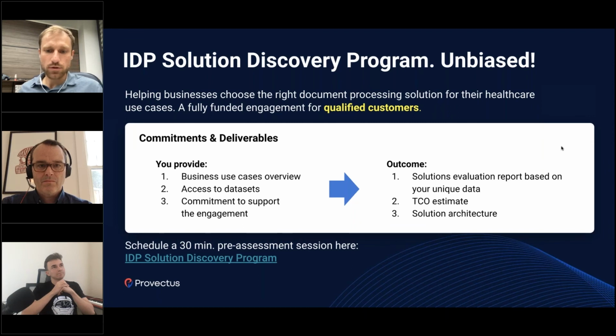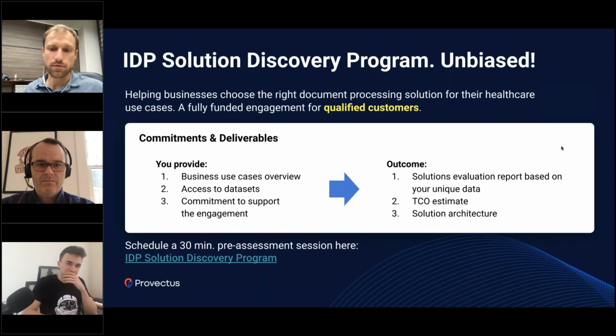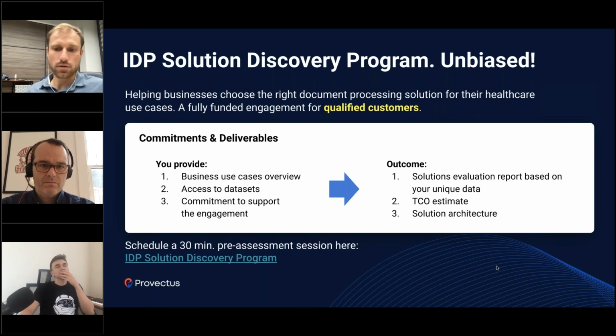We explore your data set and run it through the unbiased benchmarking tool against different OCR and intelligent document processing vendors. As a result, we will determine the most cost-efficient solution with the highest quality for your healthcare use case. That's as simple as you see on the screen.